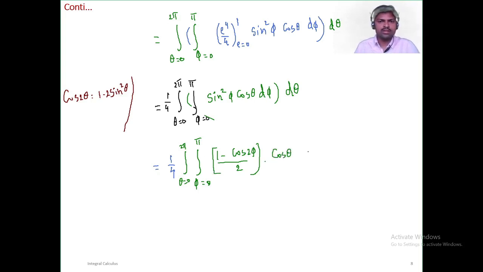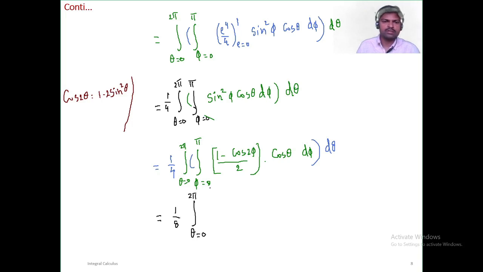This one with respect to phi is supposed to be evaluated first, and after that with respect to theta. Now cos theta is constant, because we are evaluating with respect to phi. So now this will be 1 by 4 into 1 by 2, total 1 by 8, integration theta from 0 to 2 pi.